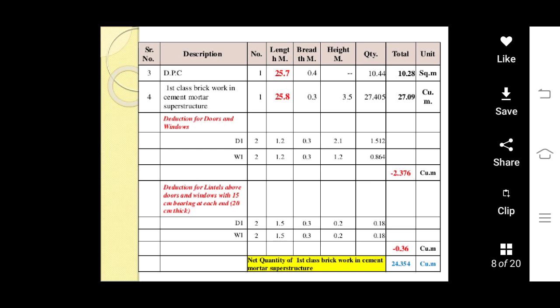Therefore, the total quantity of brickwork in superstructure is the volume of brickwork minus deductions, which is equal to 24.34354 cubic meters.